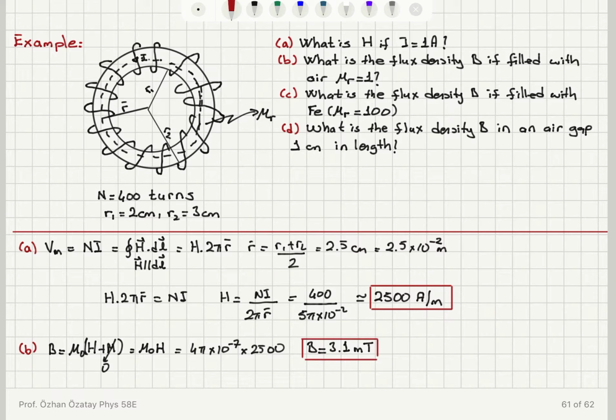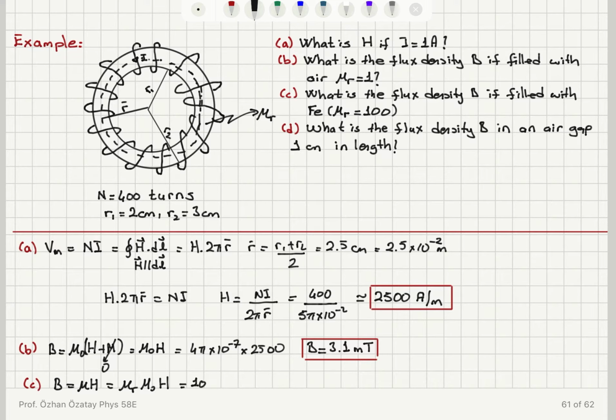Now in part C, what is the flux density if it's filled with iron? The relationship between B and H is B equals mu H, which is relative permeability mu r times mu 0 times H. This would give us mu r times the B value that we have calculated here.